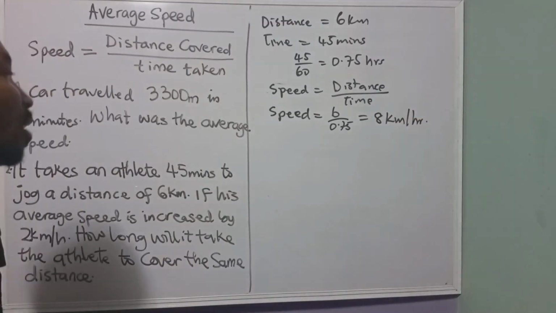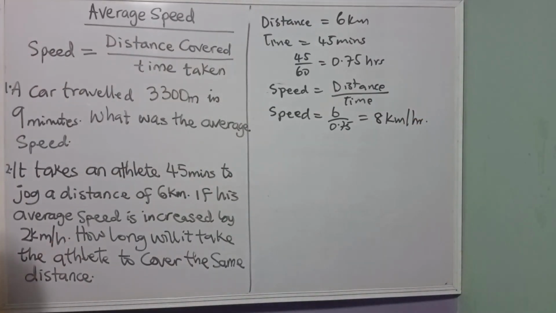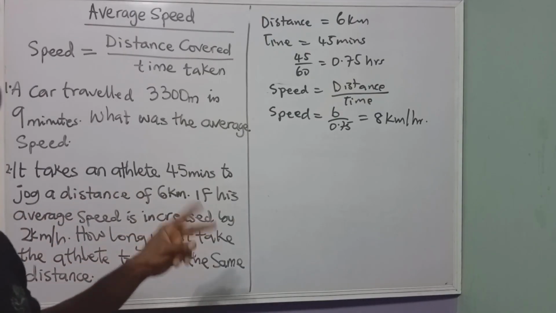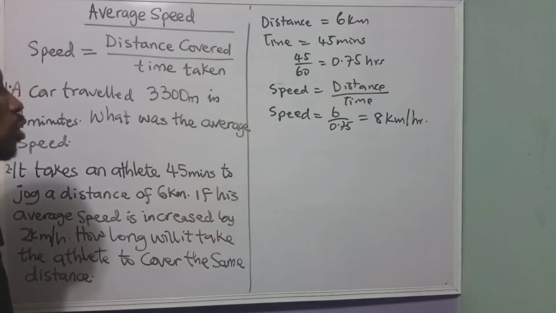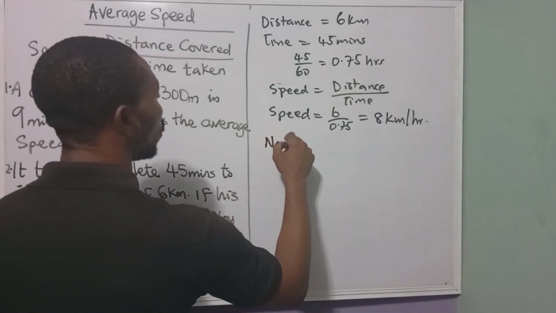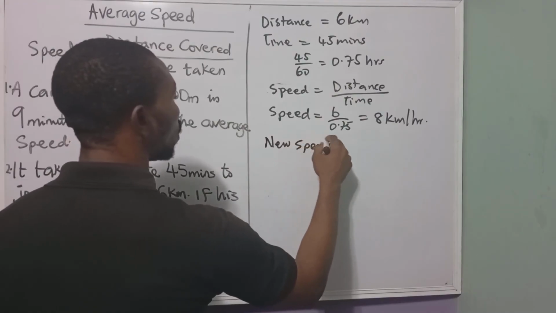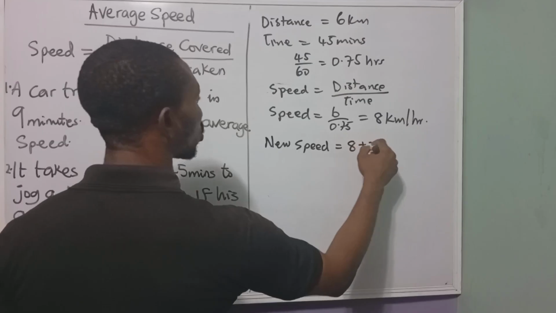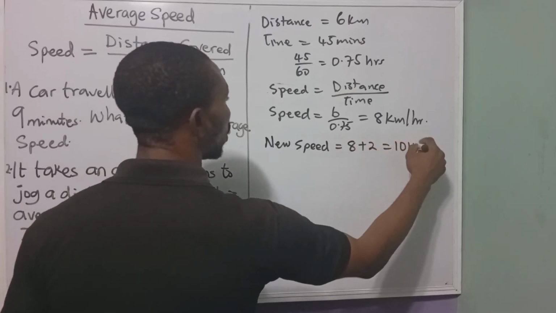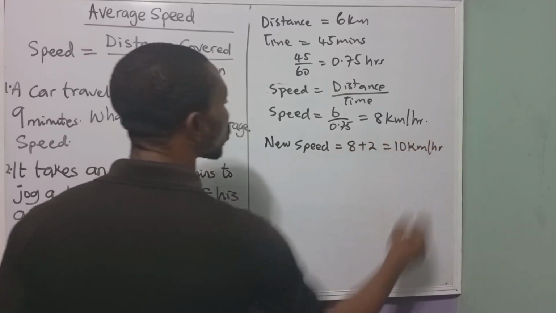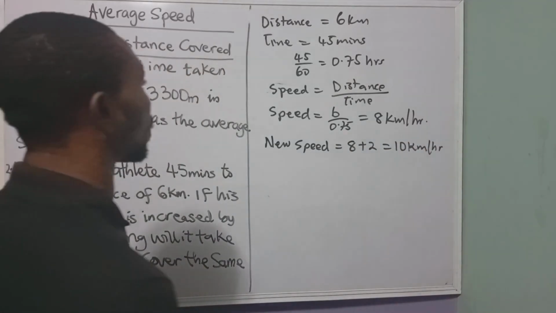So his initial speed is 8 kilometers per hour. Now, it says if his speed is increased by 2 kilometers per hour, so his new speed would be 8 plus 2, which gives us 10 kilometers per hour. So his new speed will become 10 kilometers per hour.